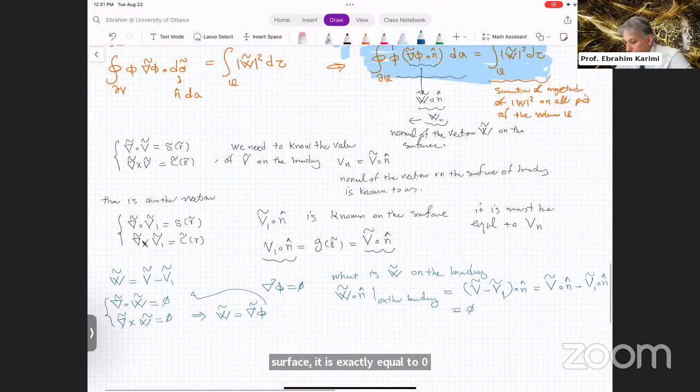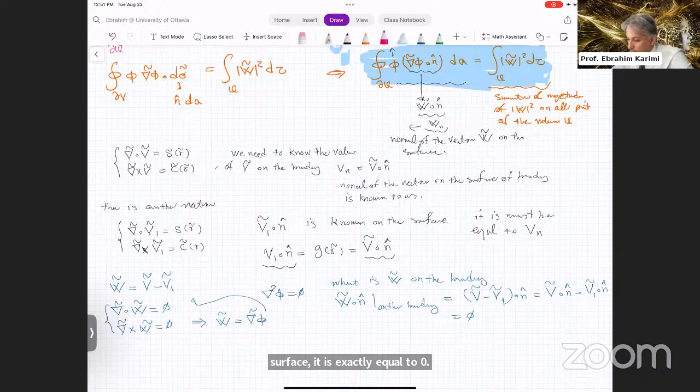So now I will use the Gauss theorem that we previously had here, right? That's the Gauss theorem. Now I will write it down.